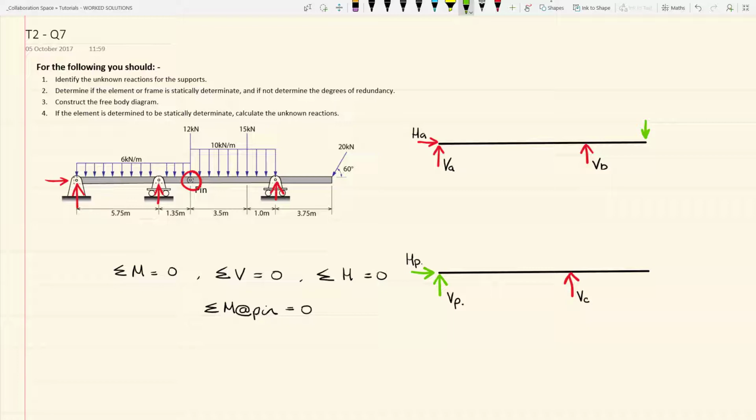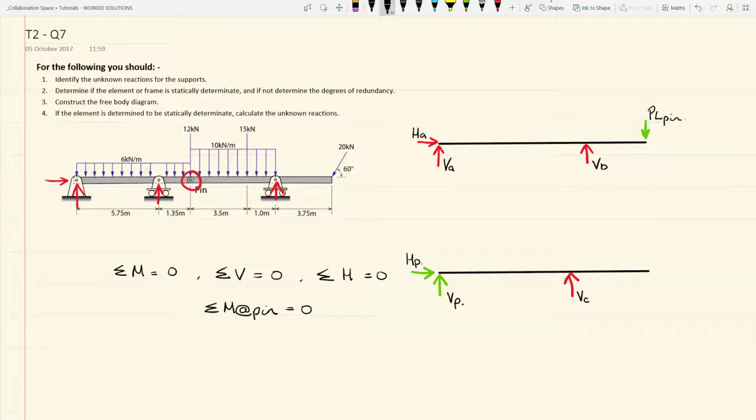This is of equal magnitude to VP, but acts in the opposite direction. This vertical action acts as a point load to the end of the cantilever, so we can call this PL, and it's due to the pin.